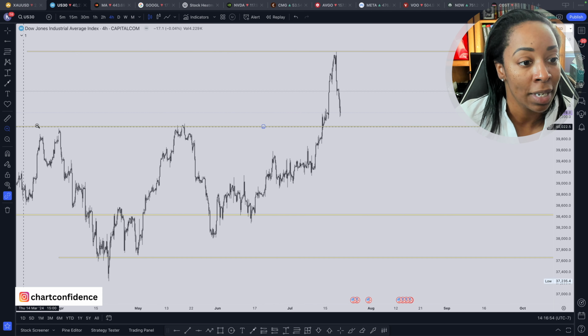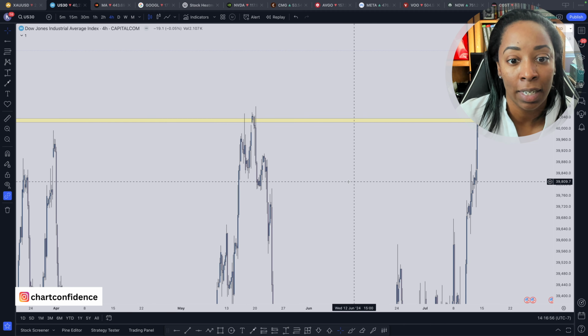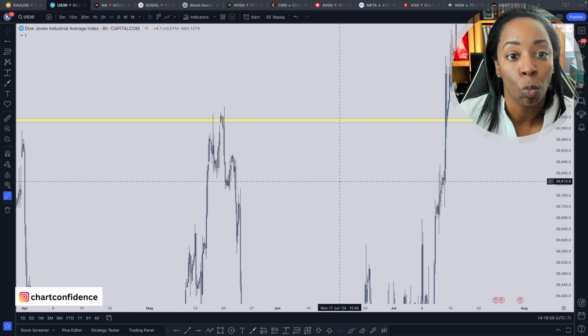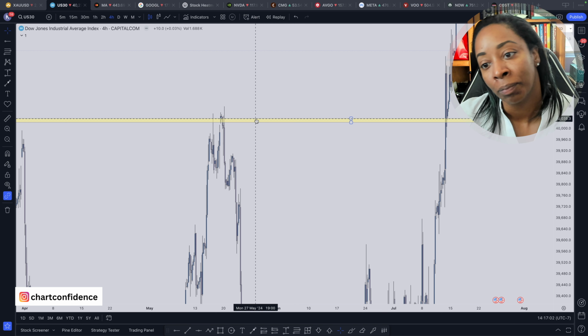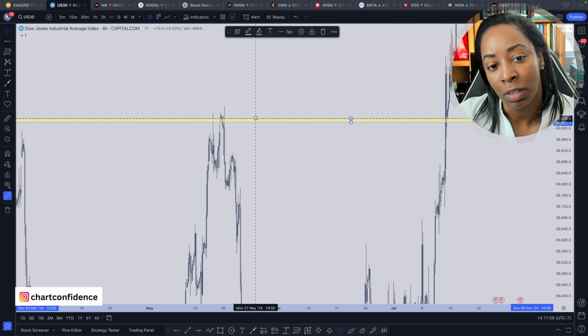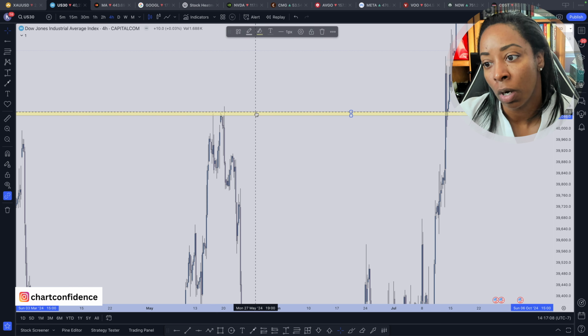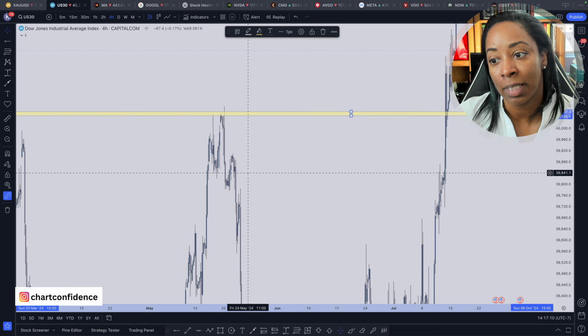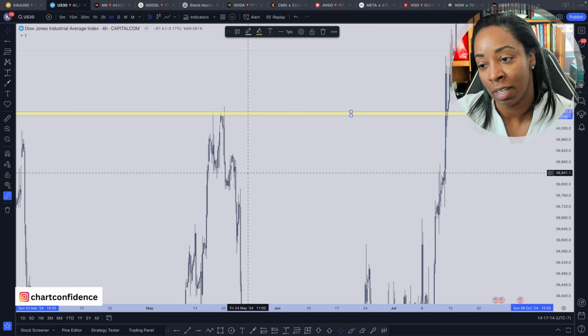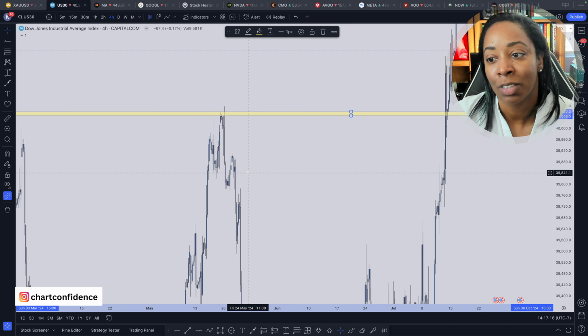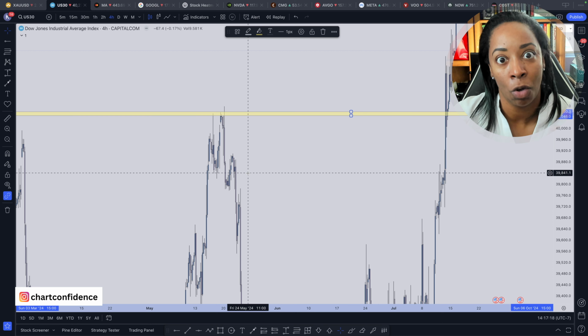If we zoom into this next level right here, we can get a sense of what's happening with the price action. One thing I do want to move is this level. Let me see if I move it up to 40,060. It's between 40,060 and 40,045, 46, so let's just say 40,050.